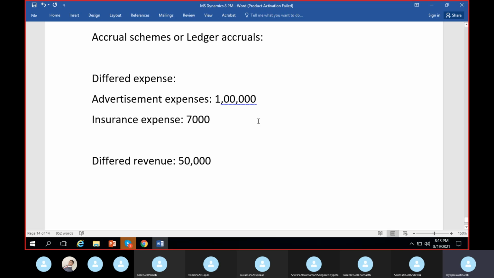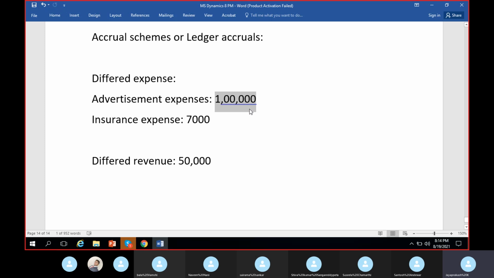So that is why we will not recognize deferred expense as a total expense at a time. So the 1 lakh that we pay at a time will not be recognized at a time. Since the obligation is for 12 months, each month we will recognize the amount at the end of the month, or at the start of the month, according to your wish.